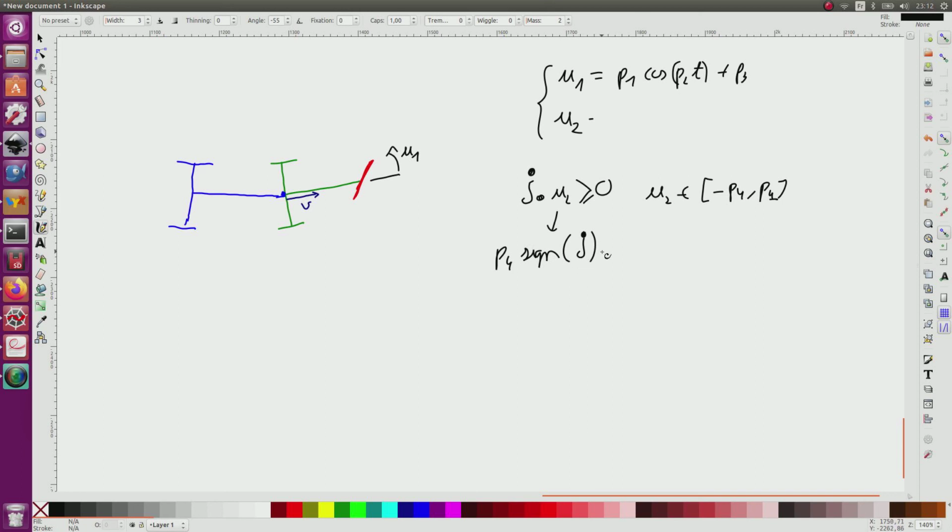So I cannot bring much more energy than this. This is why I will take for U2 P4 multiplied by sine of delta dot, but delta dot can be written with respect to the state variable and the inputs as follows: U1 plus sine delta.